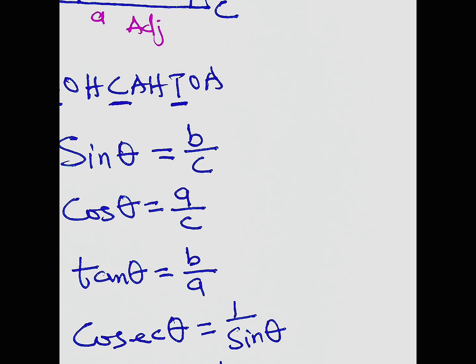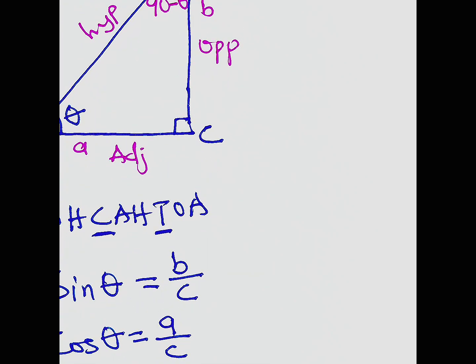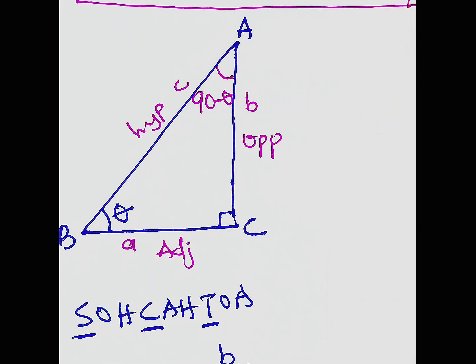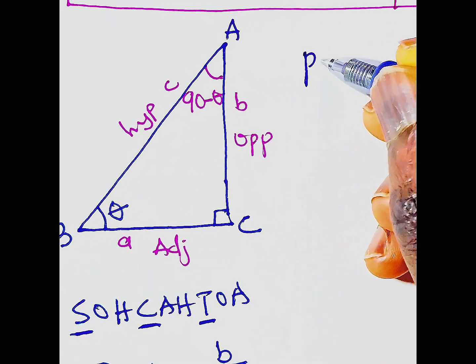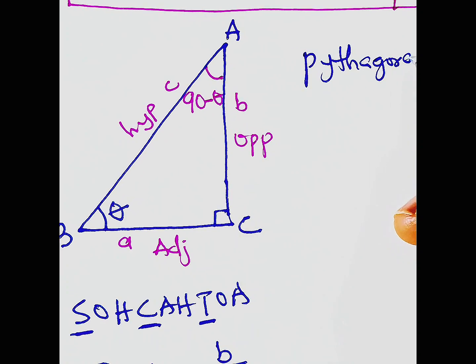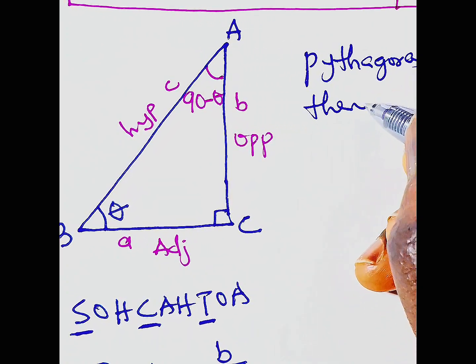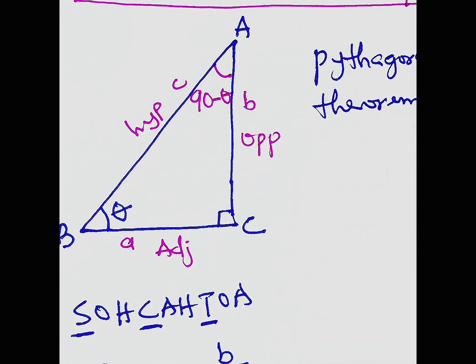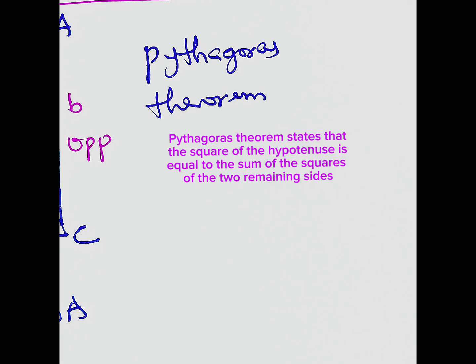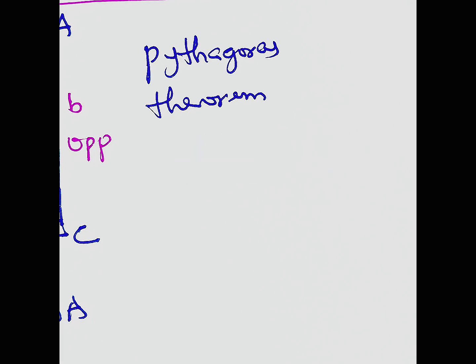Without taking our time, I am going to use the Pythagorean theorem in this. And what does it state? It states that the sum of the squares of the remaining two sides is equal to the square of the hypotenuse.